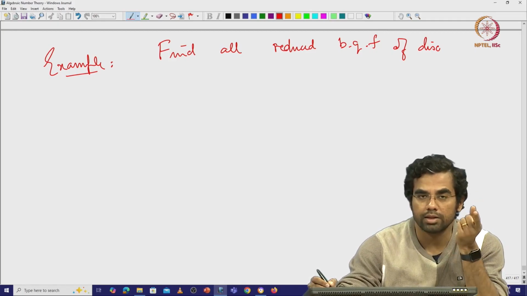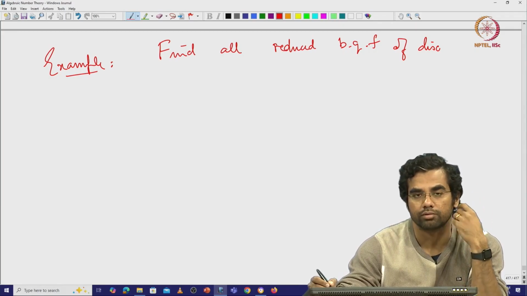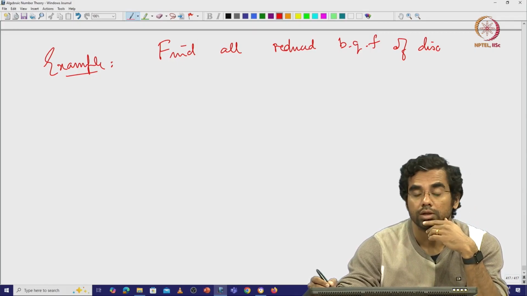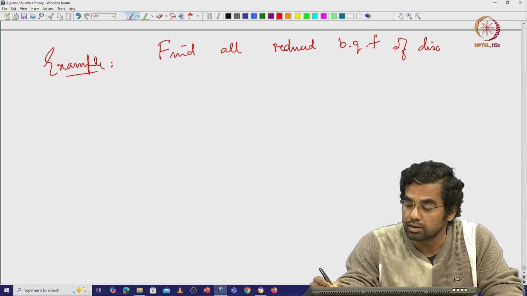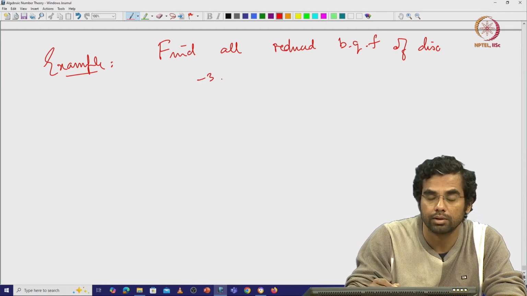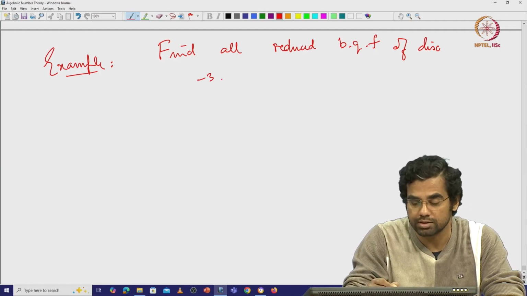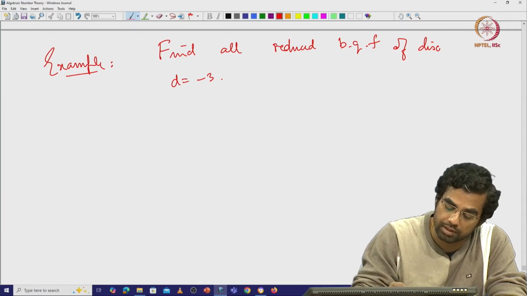So minus 1 is not 0 or 1 mod 4, minus 2 is not, minus 3 is 1 mod 4. So the smallest thing we can take is minus 3. Then we can take minus 4 or minus 7 and so on. So anyway, let us take D equal to minus 3.